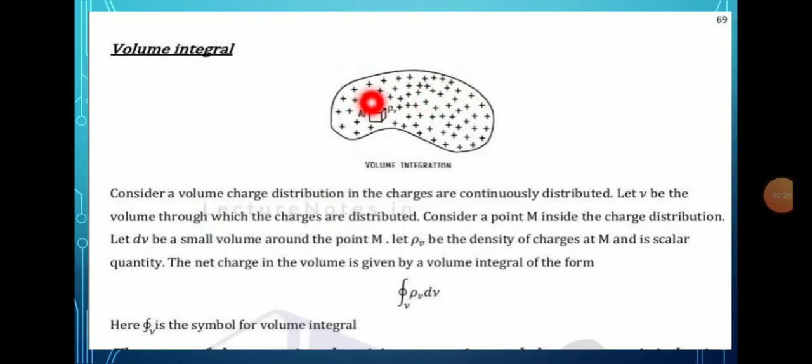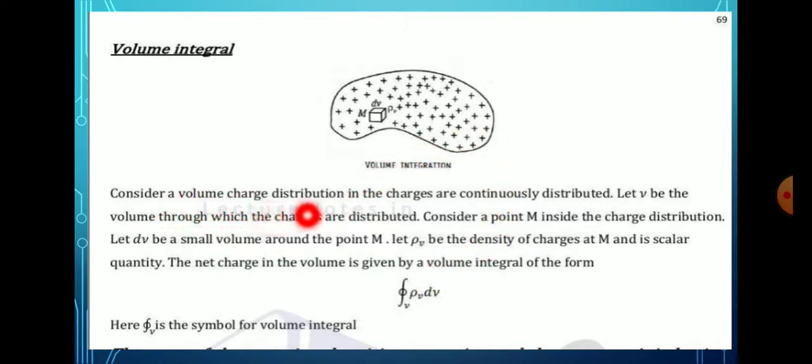So the volume integral of rho of v over the volume v is given by the closed integration over v of rho v dv. This is represented as the volume integral, rho of v is the charge density, and dv is a small volume.